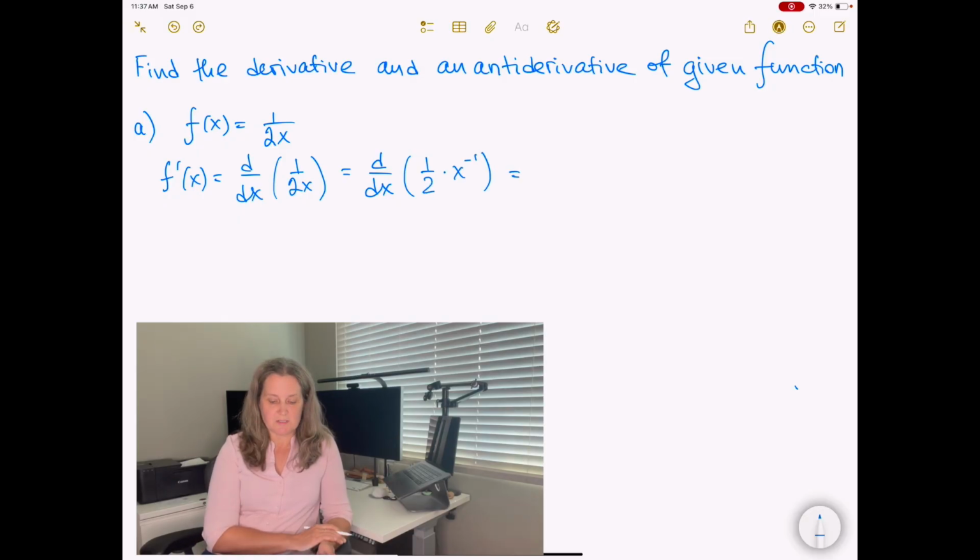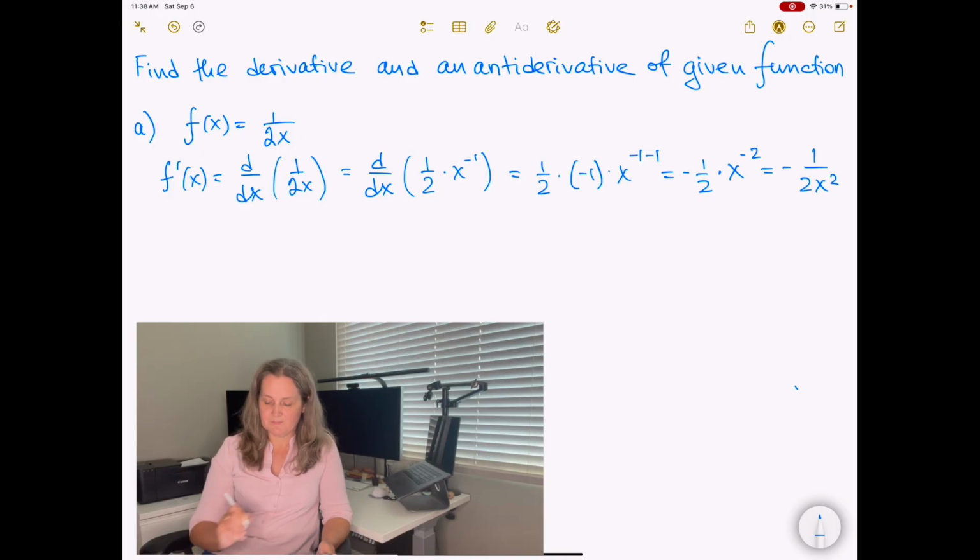If we rewrite the function as a constant times a power function, we can calculate the derivative as 1 over 2 times the derivative of x to some power n, which equals n times x to the power 1 less than before. So we will get minus 1 over 2 times x to the power minus 2, equal to minus 1 over 2x squared.